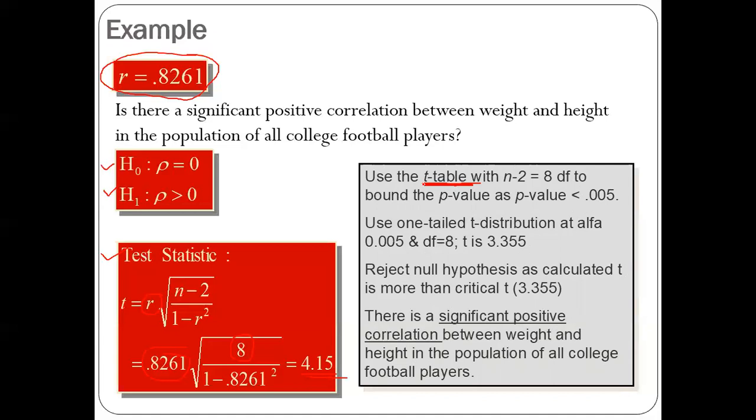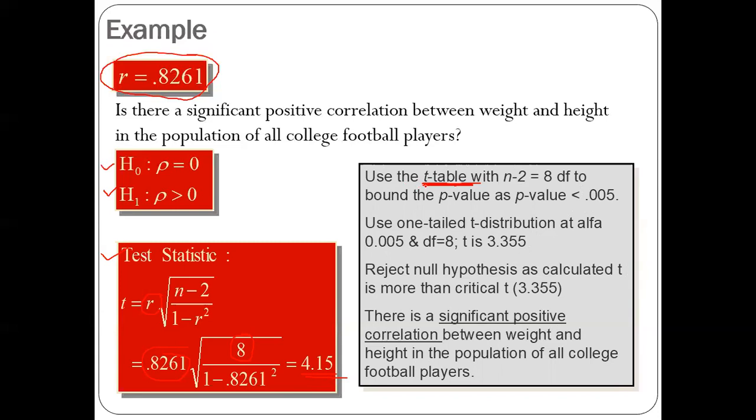Usually the T distribution table will have the value of degree of freedom, and the value of alpha or significance level for one tail and two tail. All right, so now back to the example.